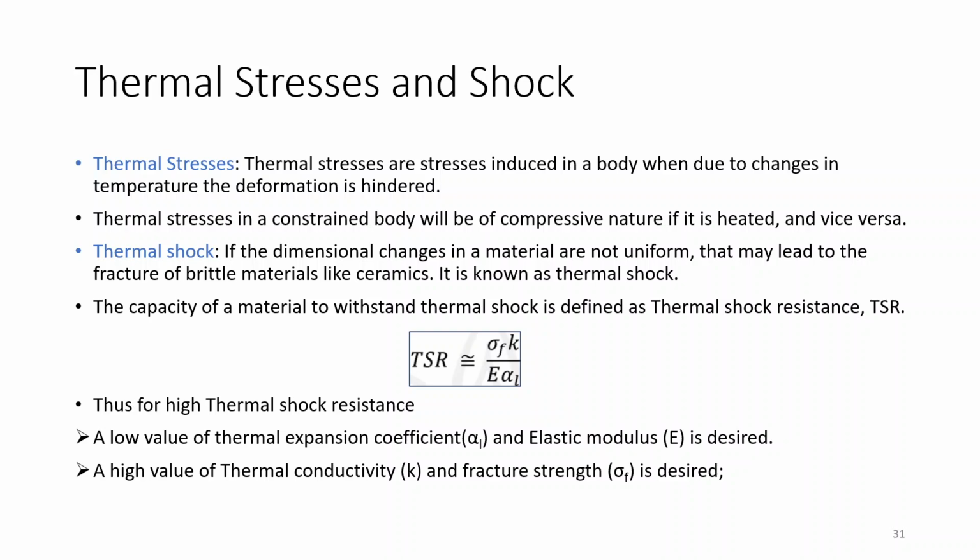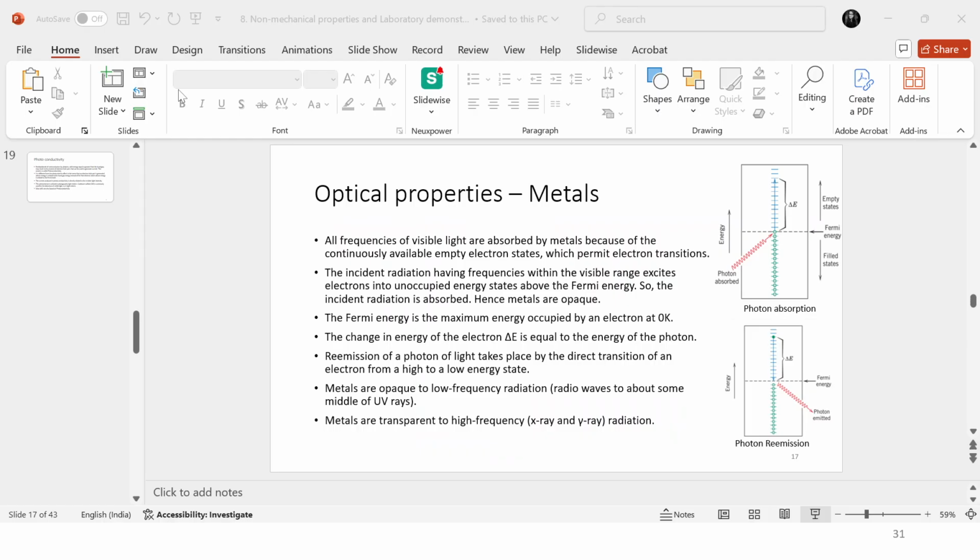It is approximated as sigma F K divided by E alpha. So here sigma F is your fracture strength, K is your thermal conductivity, E is elastic modulus, alpha is the thermal expansion coefficient.